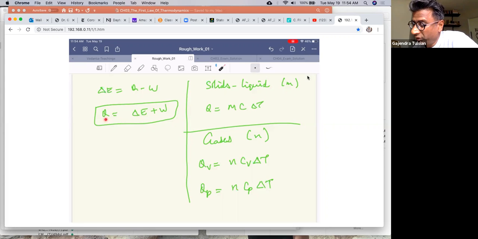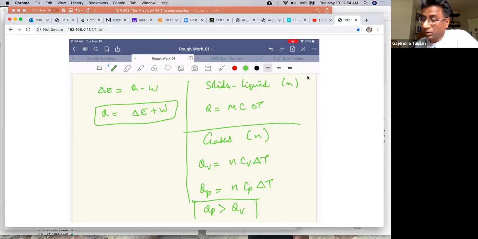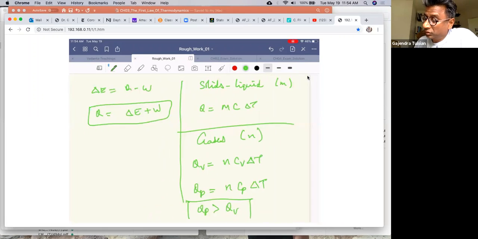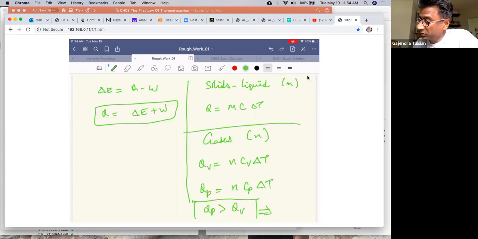So the heat added during constant pressure is greater because you've had to do work. Q_P is greater than Q_V for an ideal gas, and what that implies is, of course, that C_P is greater than C_V.